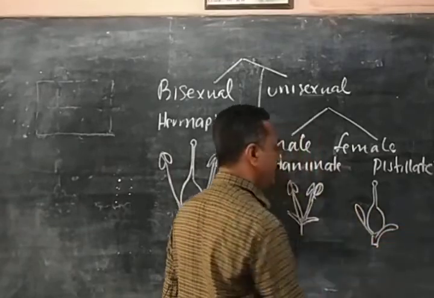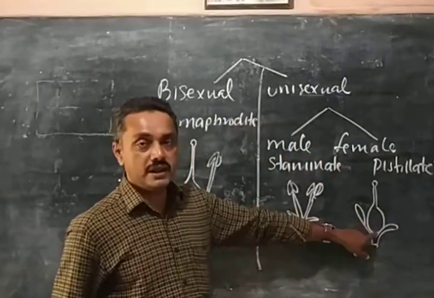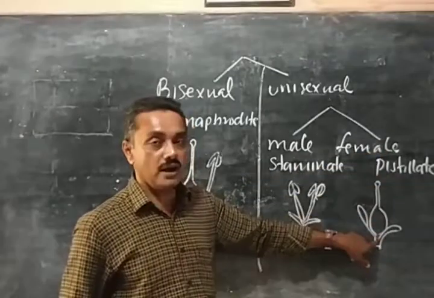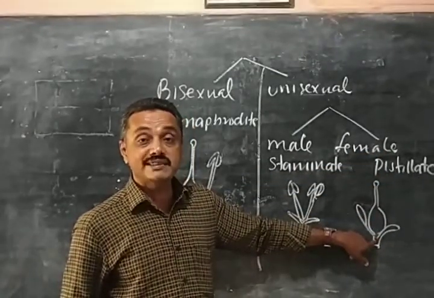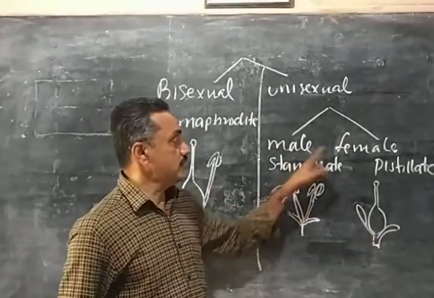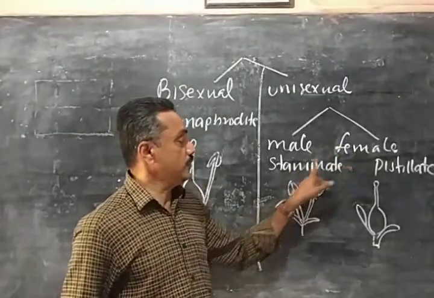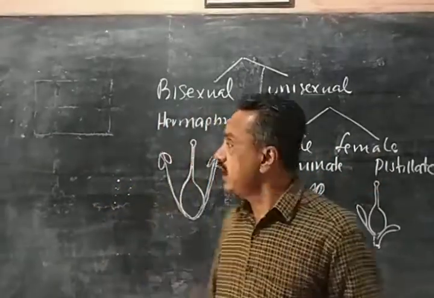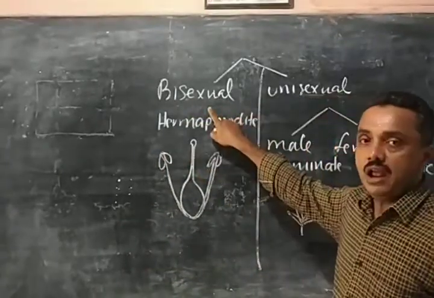Such flowers are called female flowers or pistillate flowers. Gynoecium is otherwise called pistil. So there are two types of unisexual flowers, male and female, staminate and pistillate. So flowers are of two types, unisexual and bisexual.